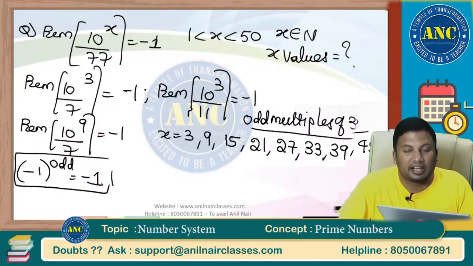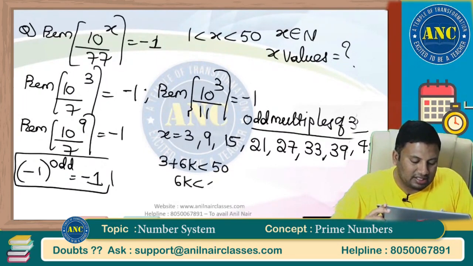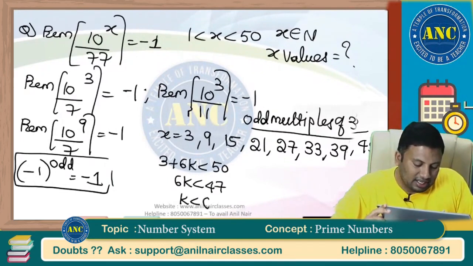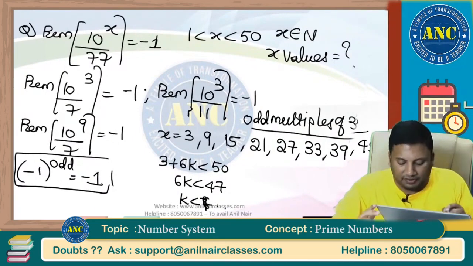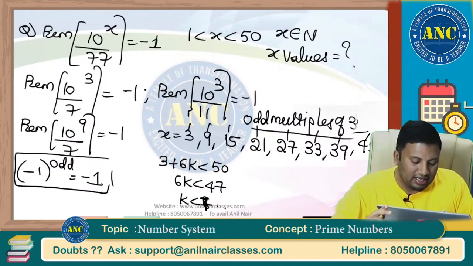Every time there is an increase of 6. So 3 plus 6k is less than 50. 6k is less than 47. k is less than 7 point something, so k is 0 to 7.